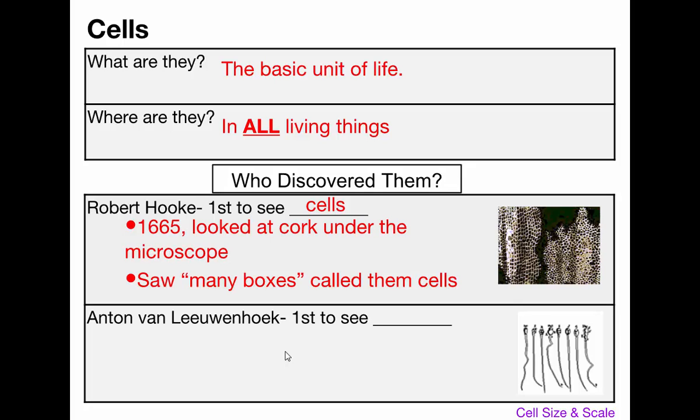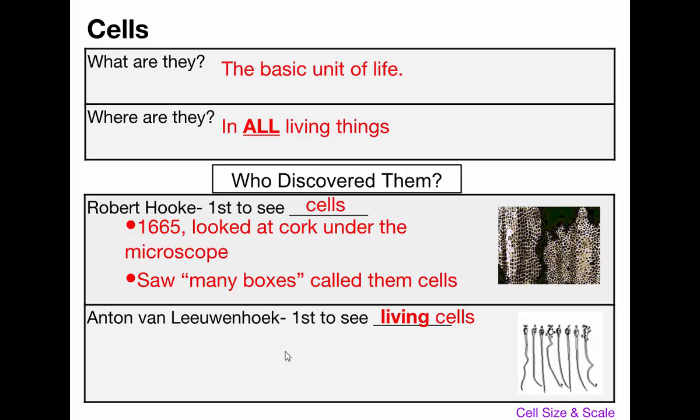Now at this time, scientists were creating better and better microscopes, making better lenses that could give greater magnification. And one of the scientists that really mastered the ability to make lenses was Anton Van Leeuwenhoek. He was the first scientist that we think of as seeing living cells.